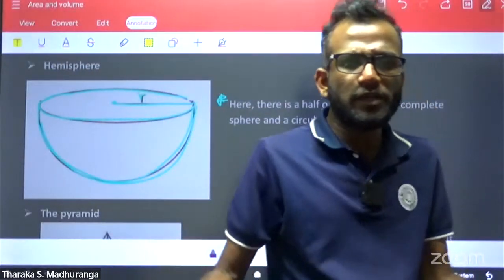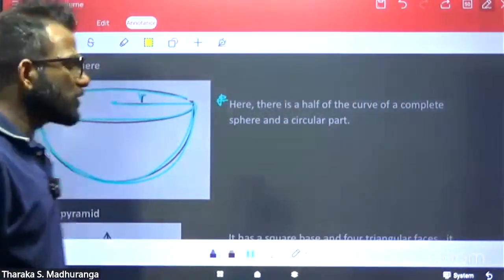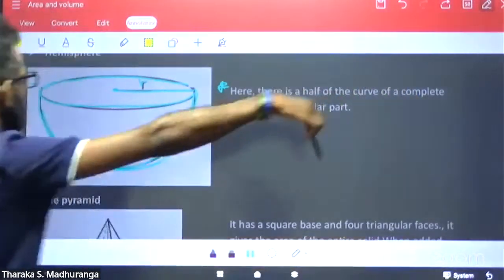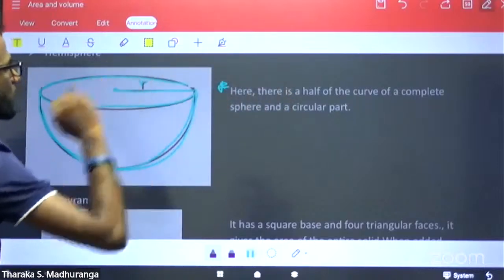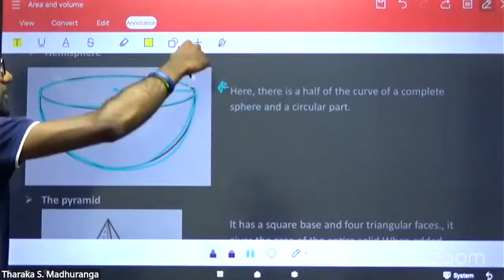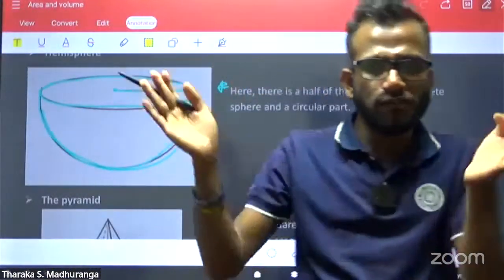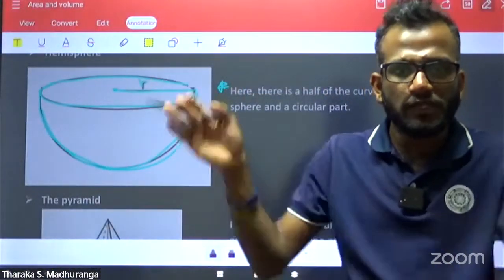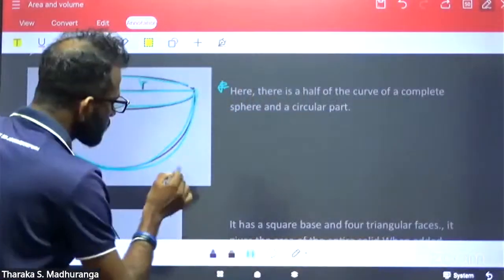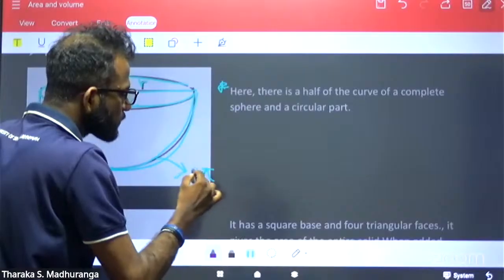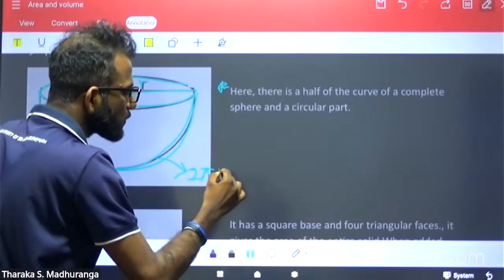Yes, 3 pi r squared is the equation. Okay, how does it come to 3 pi r squared? According to the given figure, the curved surface is a half sphere. Then we can get this part, Tumul, 2 pi r squared, that's half of the sphere.